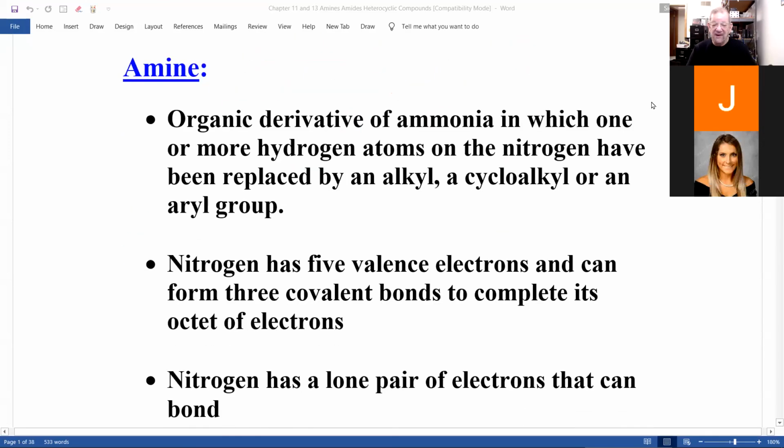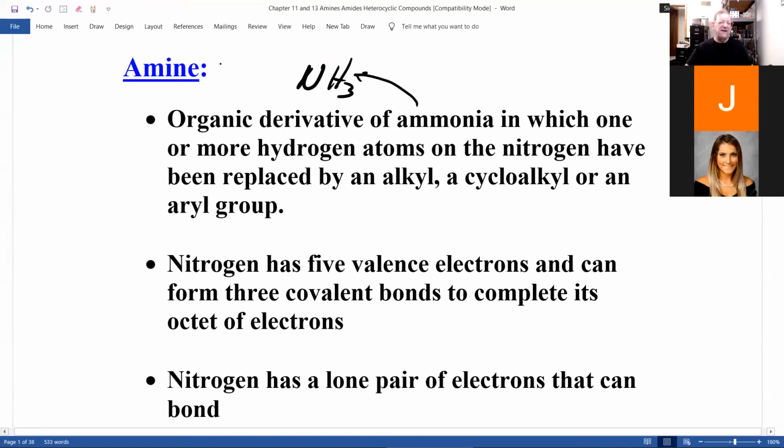All right. Now, what's an amine? Well, it's an organic derivative of ammonia. What's ammonia? I'll never ask on a test, but ammonia is NH3. This is ammonia.